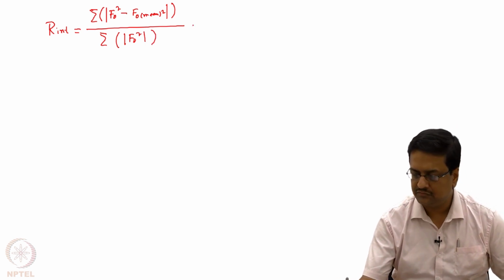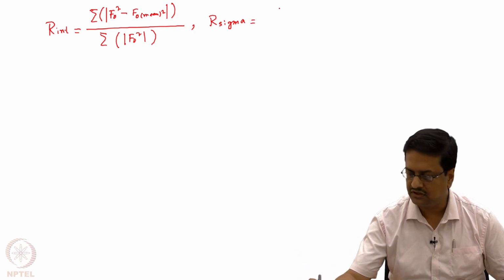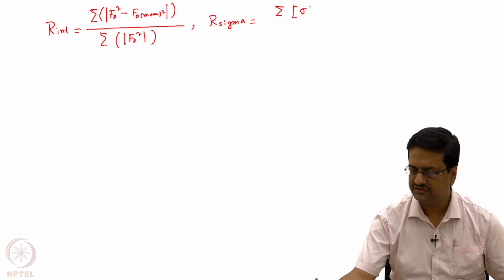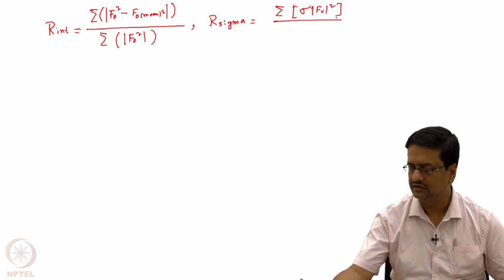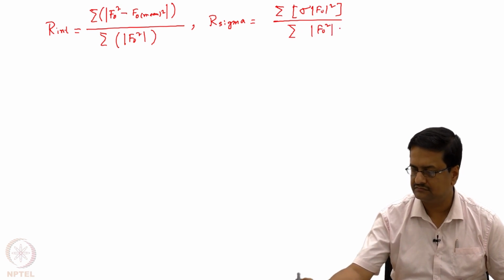The other term is Rsigma, which is equal to the sum of the standard deviations of Fo square divided by the sum of Fo square.